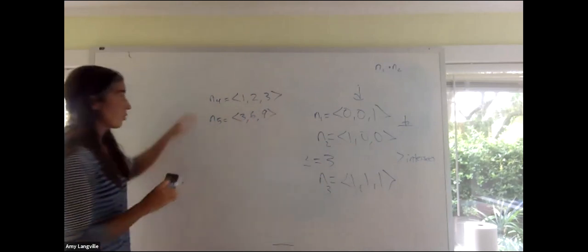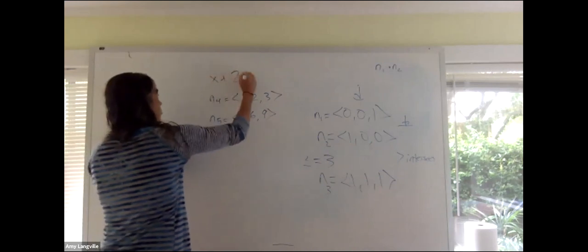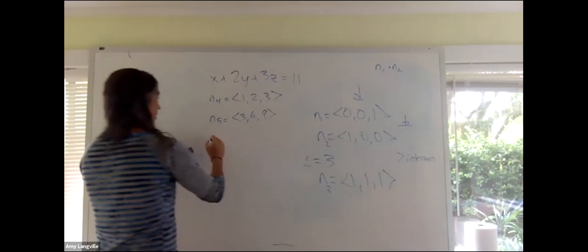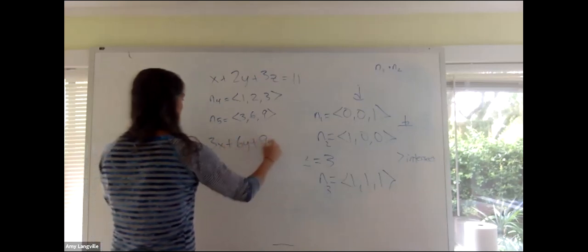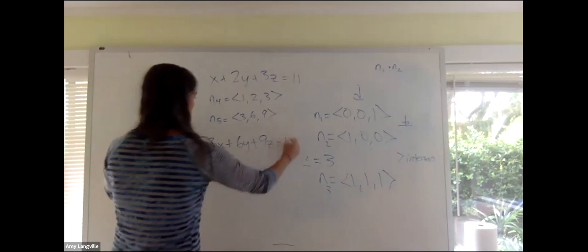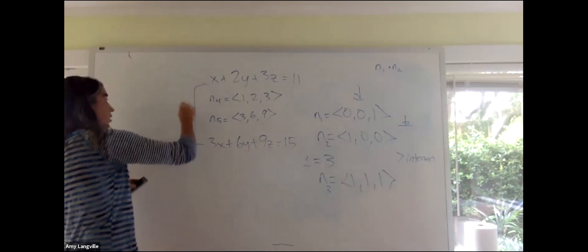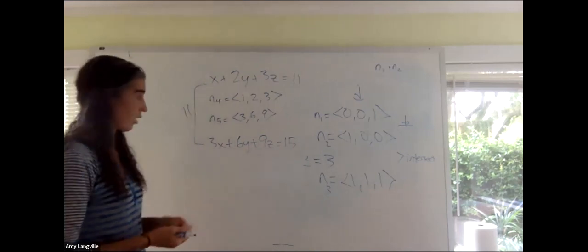These would be the vectors describing two planes, x plus 2y plus 3z equals some number, and 3x plus 6y plus 9z equals some other number.